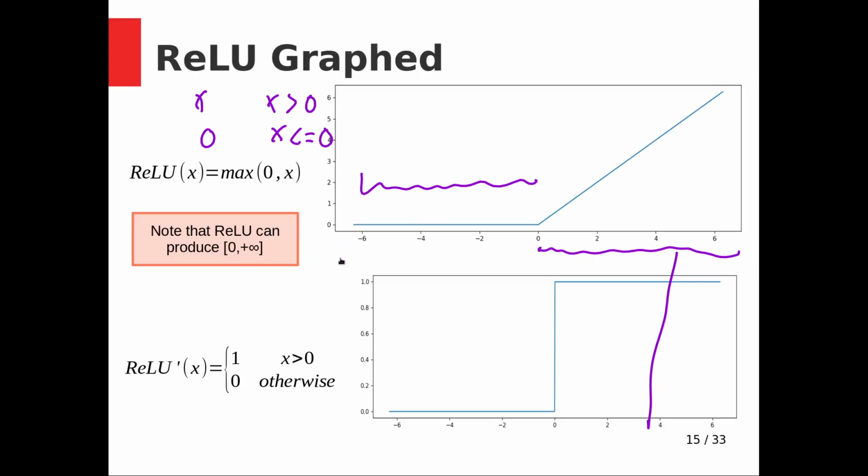Well, the derivative of a piecewise defined function is just the derivative of each of the pieces in each of those regions, which is to say the derivative of ReLU is 0 when you're less than or equal to 0, and 1 when you're greater than 0. So it's this step, 0 over here and 1 over here. Very, very easy functions to write.